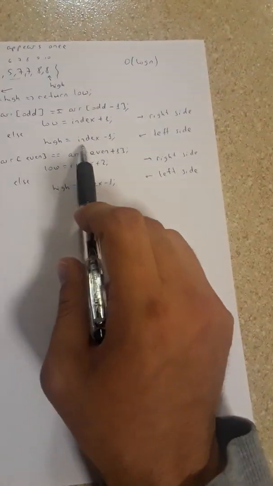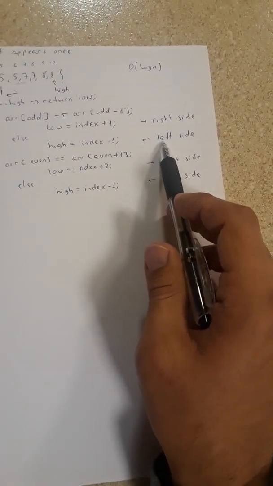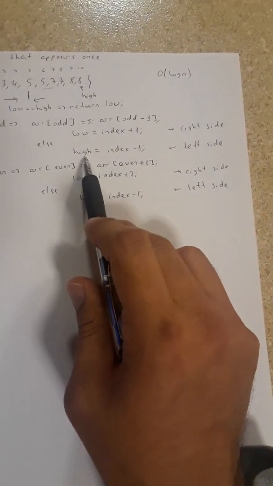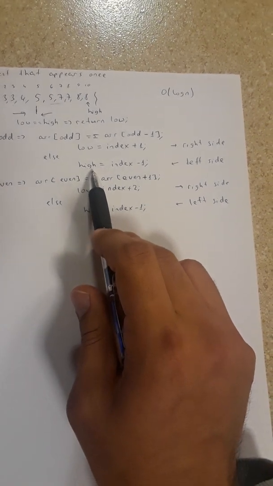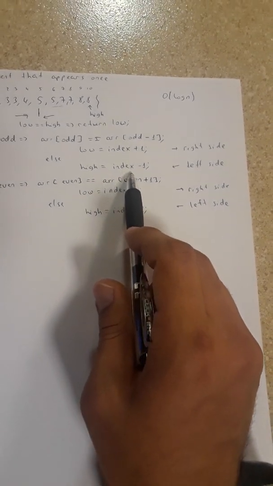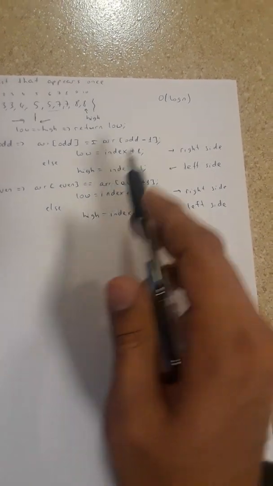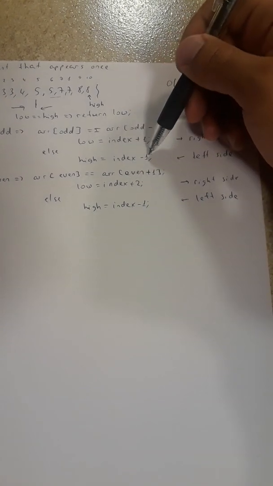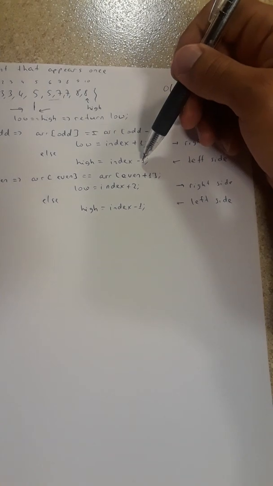If we see that the order is broken, we will need to continue our search at the left side, meaning changing our value of high pointer, decreasing our index value by 1.